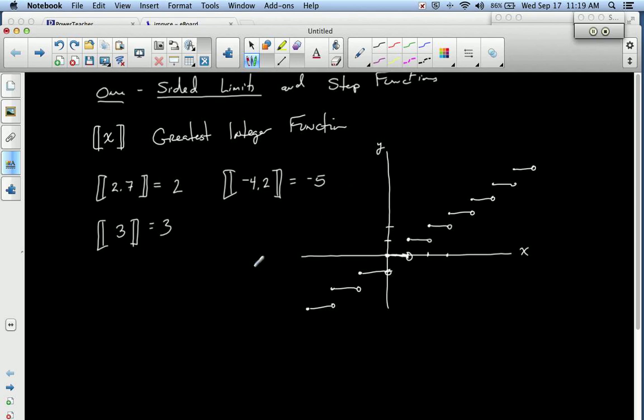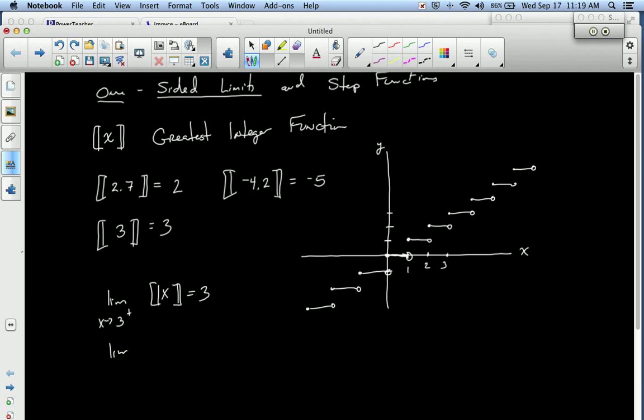And I hope it's clear why we only have one-sided limits now. So the limit as x approaches 3 from the right-hand side of the greatest integer of x. As I approach 3 from the right-hand side, my value is up here at 3.